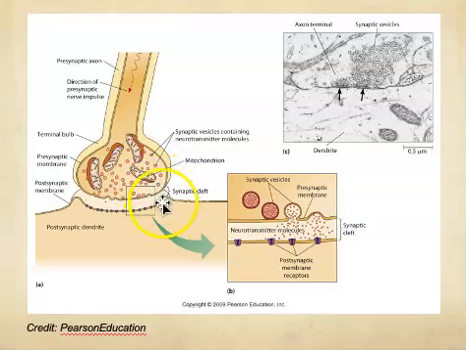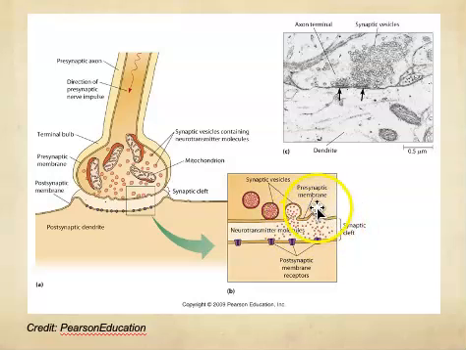Now, they've taken this little area of the drawing and they've blown it up for us right here. What has to happen to send the signal from this neuron to this neuron across this chemical synapse is that these vesicles full of neurotransmitter have to fuse with the membrane, and we need exocytosis to occur.